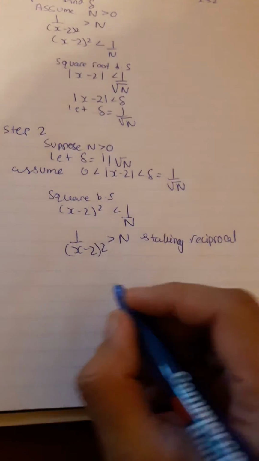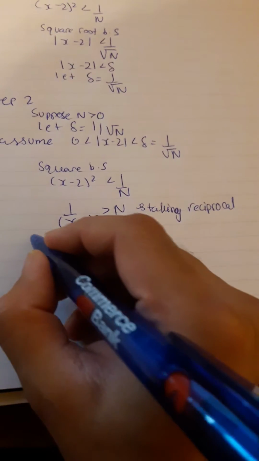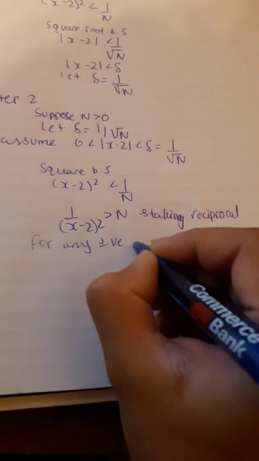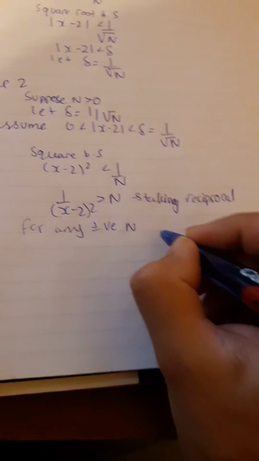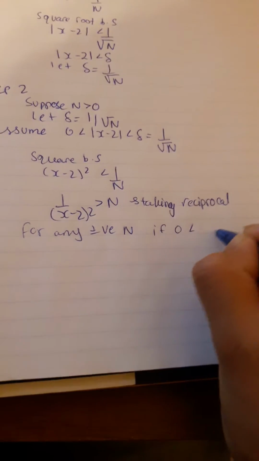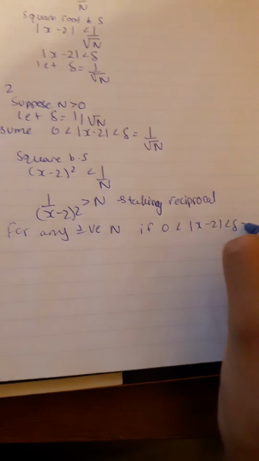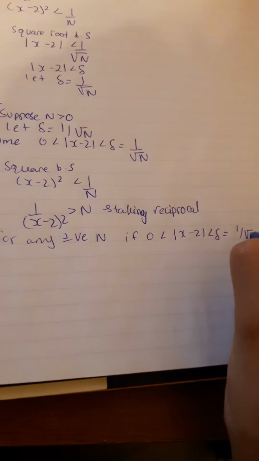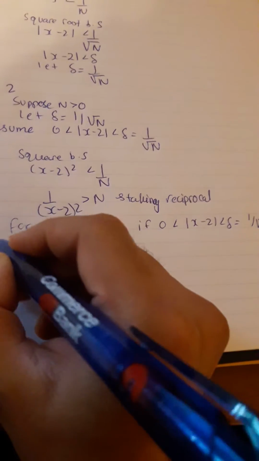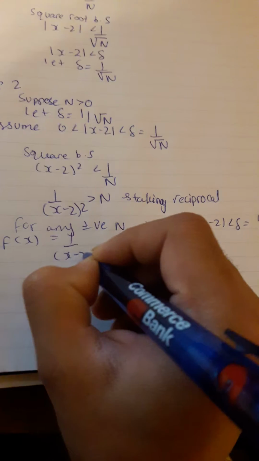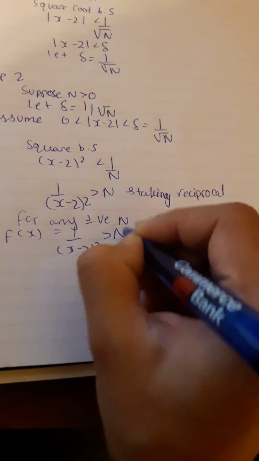So from this, we can see that for any positive n, if 0 is less than absolute value of x minus 2, which is less than delta, which is equal to 1 over the square root of n, then f of x equals 1 over (x minus 2) squared is greater than n.